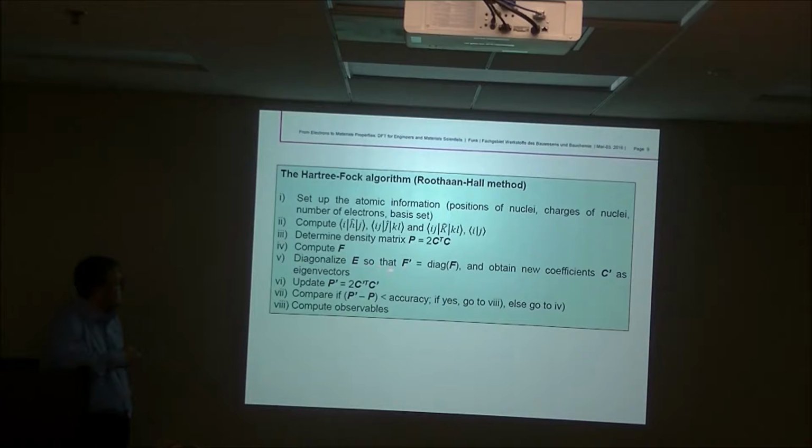We diagonalize it, so that we get a new Fock matrix, which is diagonal, which has some kind of eigenvalues, which also yields new coefficients as eigenvectors. From our new coefficients, we compute a new density matrix. And then we compare if the new density minus the previous density is less than the accuracy we desire.